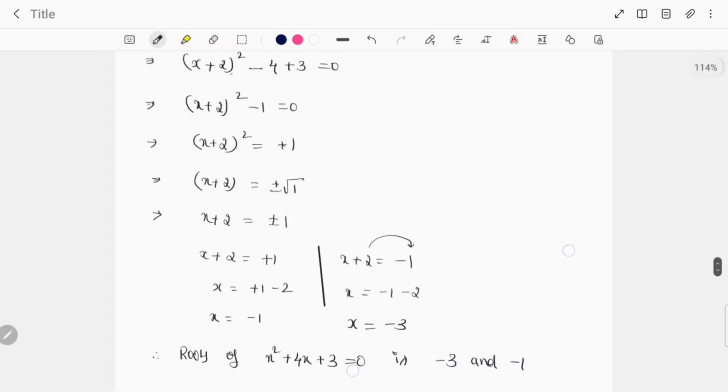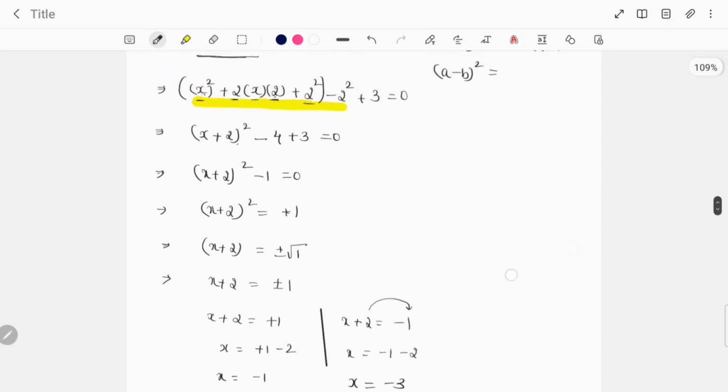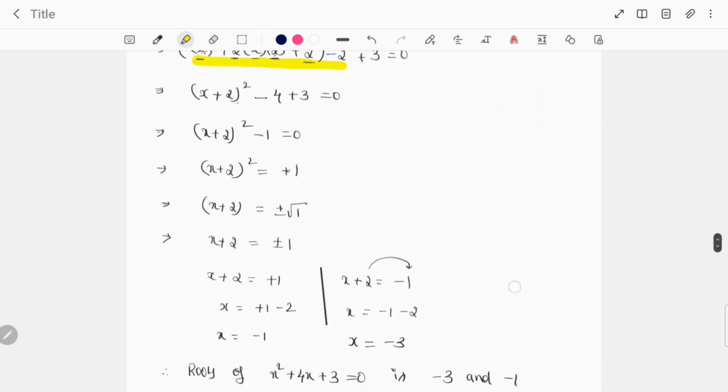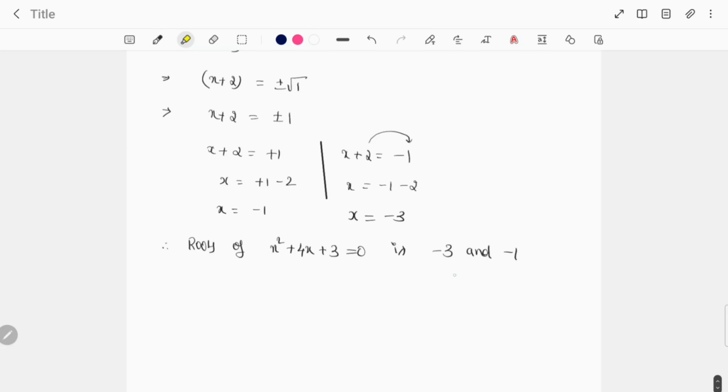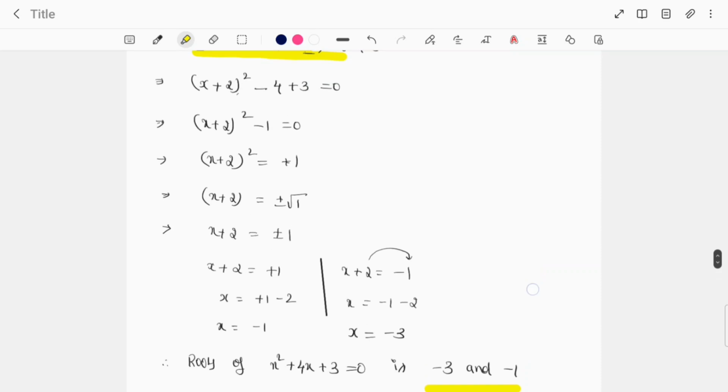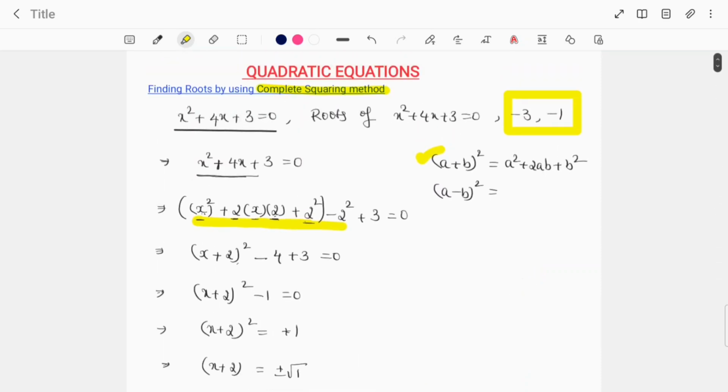If you observe properly, last class we did the same example using the factorization method and we got minus 3 and minus 1 only. By using the completing square method we also got minus 3 and minus 1. That means whichever method you use, the final result will be the same. So this is the process of the completing square method.